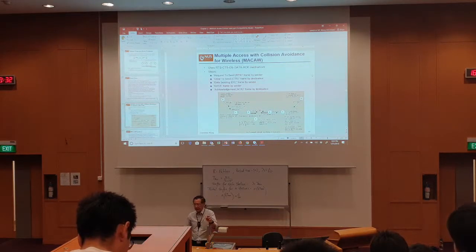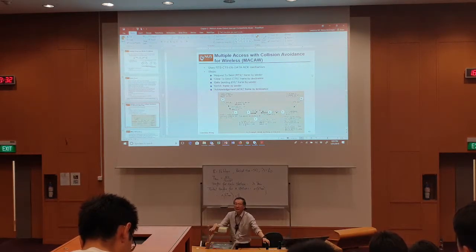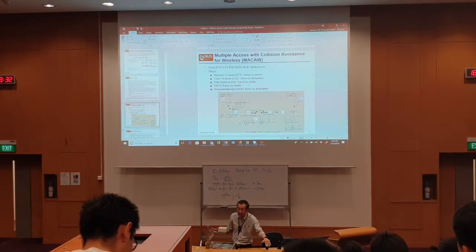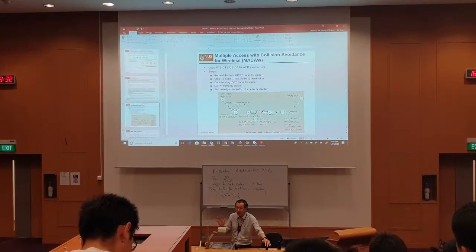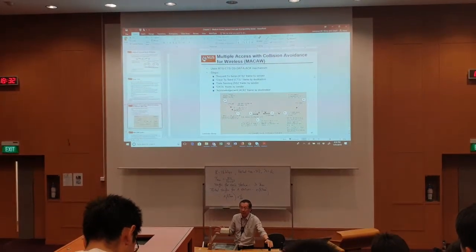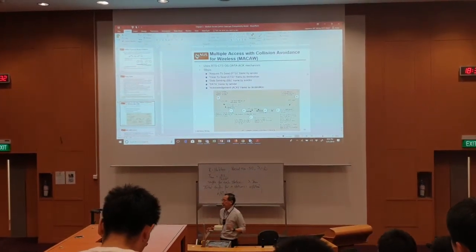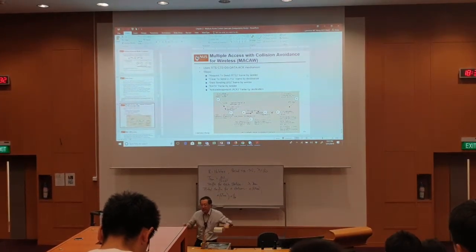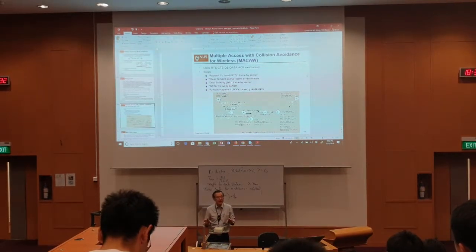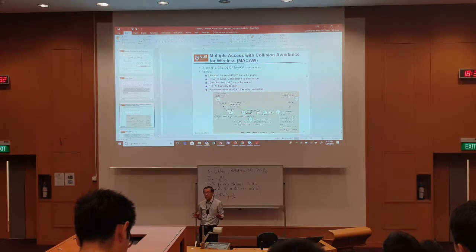He wants to send to him, RTS. Now, when he sent the RTS, this guy also heard the RTS, which means that he should not send anything, even though he might have data now. Otherwise, there will be a problem. So anyone who hears this RTS or CTS in that neighborhood will defer their transmission.